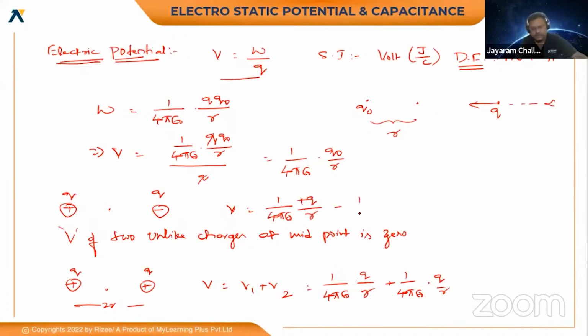Since the second charge is negative, minus q by r, the sum becomes 0.